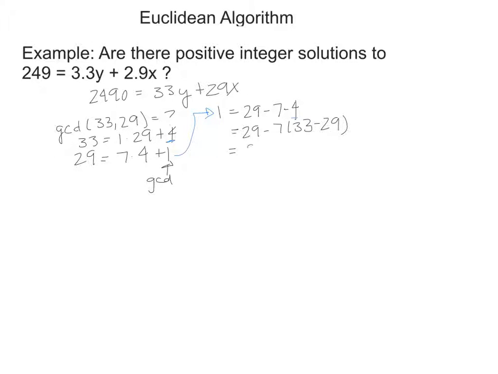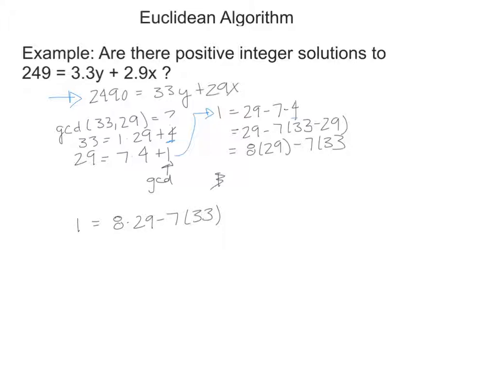So then we're going to have 8 times 29 minus 7 times 33. So we have 1 equals 8 times 29 minus 7 times 33. The whole reason for doing this is to find a solution to this equation here.